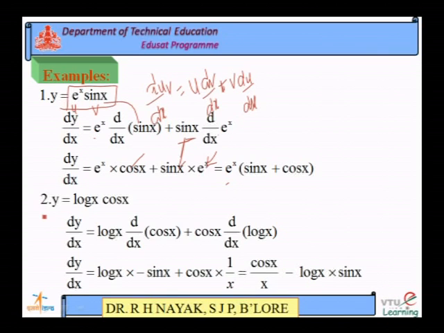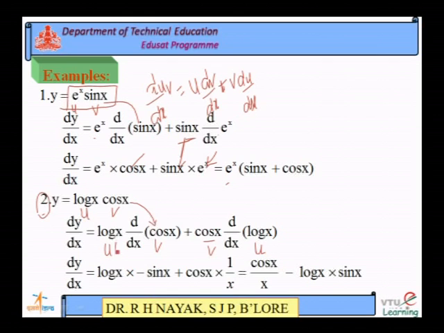The second example is the product of log x into cos x. You take log x as u and cos x as v. According to the rule, you take the first function as it is, log x, into the differentiation of the second function, then keep the second function as it is: u into differentiation of v plus v into differentiation of u.